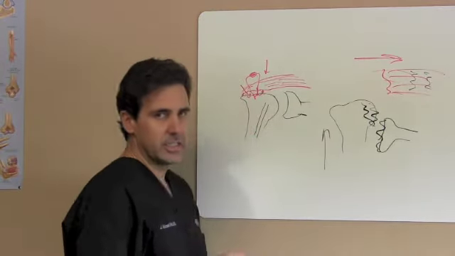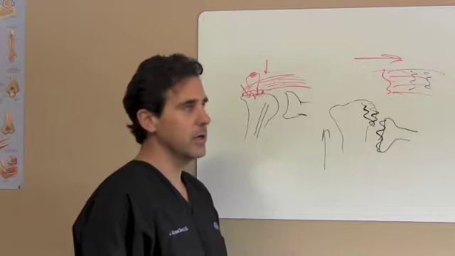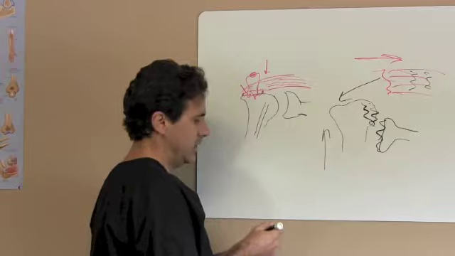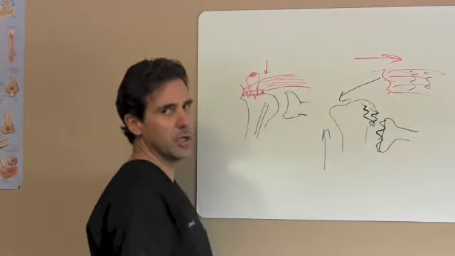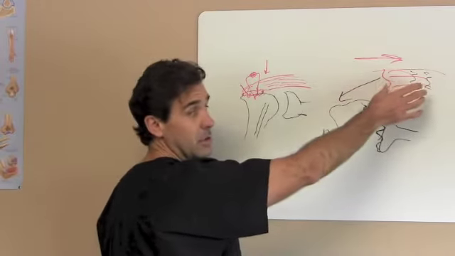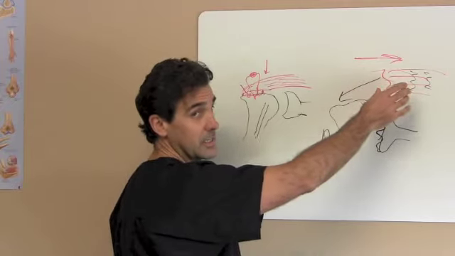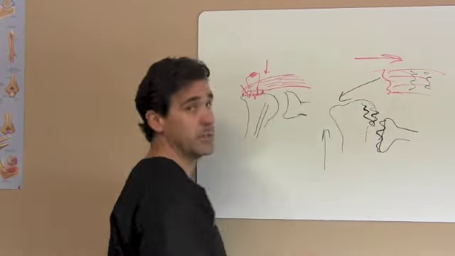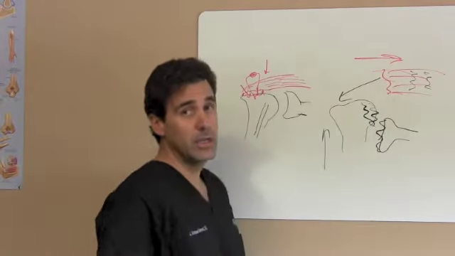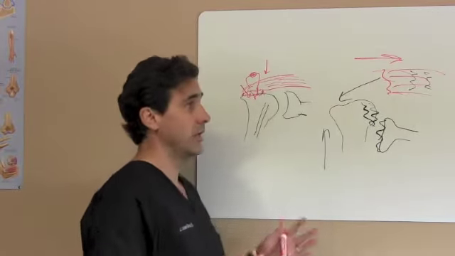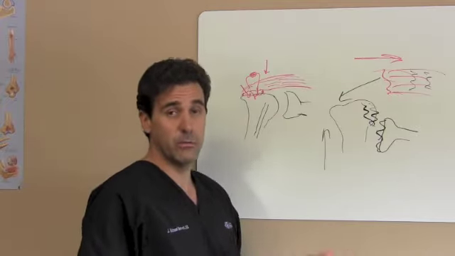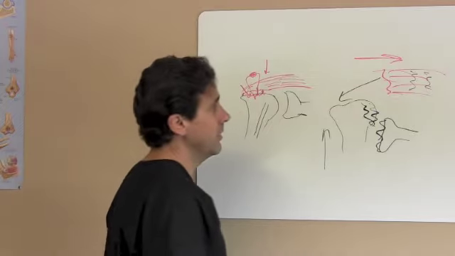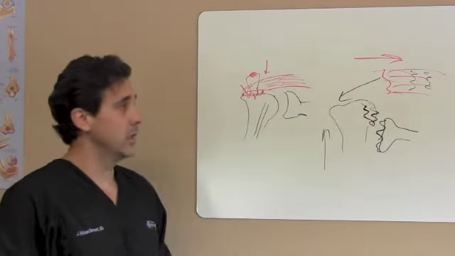When the surgeon gets in there to try to fix the rotator cuff, they're going to try to pull this tendon back down to the bone, and you see all this distance that tendon has to go. And if this has already turned to scar and fat and it's just atrophic muscle, you can't get it over there. It's going to be too much tension on it, and it will not heal, and you will undergo a surgery that could have been avoided if you had just fixed it earlier in the first place.